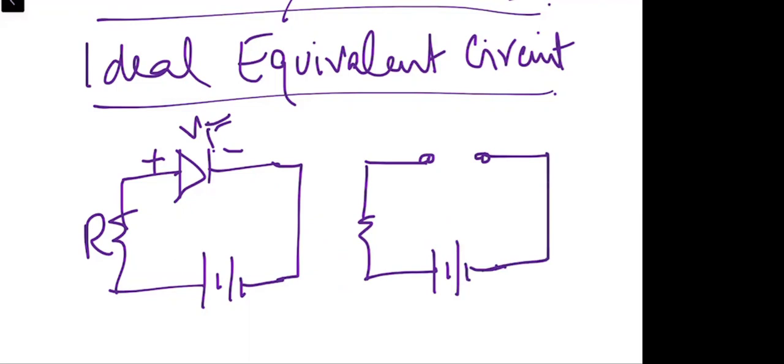The short circuit switch is like a switch which is being closed, and that is our ideal case, right?